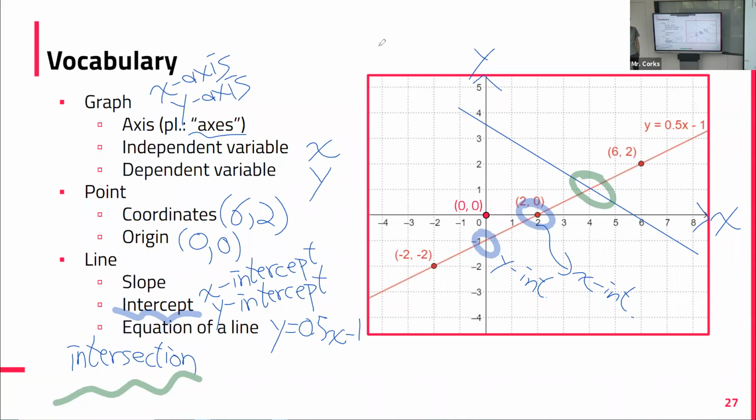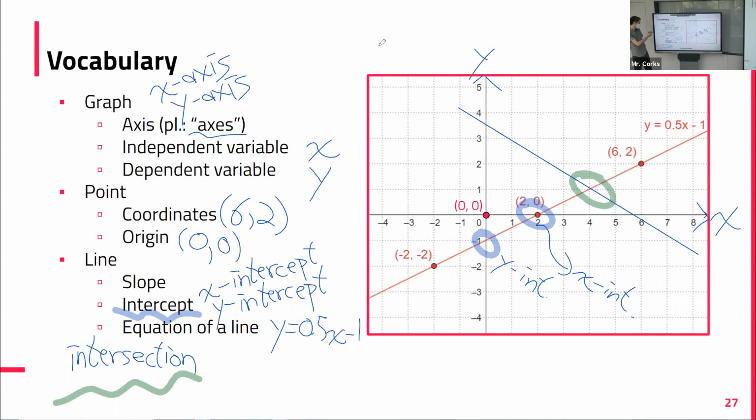Rise over run. Okay, rise over run. Can you give me a little more detail? What's a rise? What's a run? A rise is basically the change in the y coordinates, and the run is for the x-axis. Yeah, something like that.